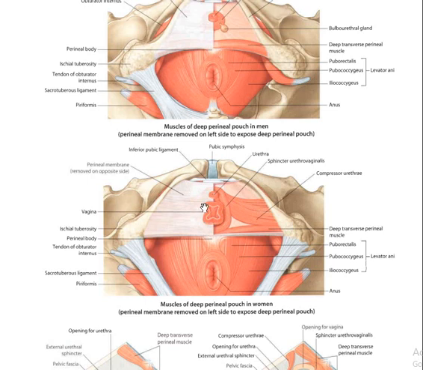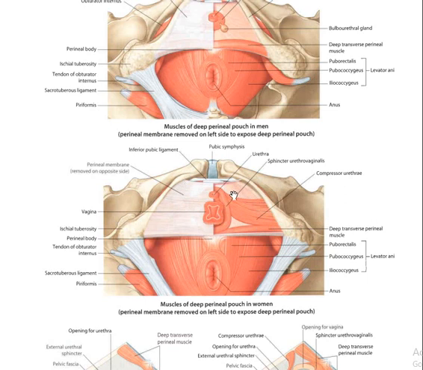You are going to have the external urethral sphincter. You are going to have the sphincter urethrovaginalis, which is closing both the urethra and the vagina, and you have the compressor urethrae, which is enclosing the urethra much more. Here you have the deep transverse perineal muscle.